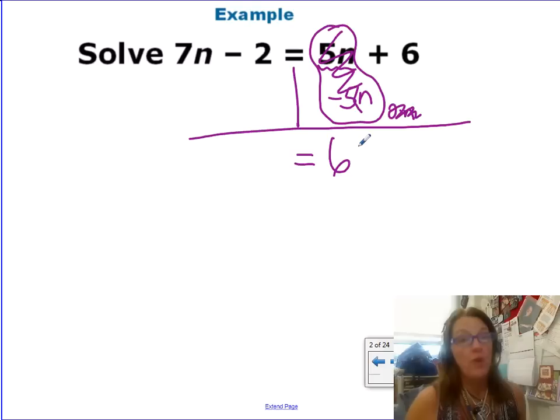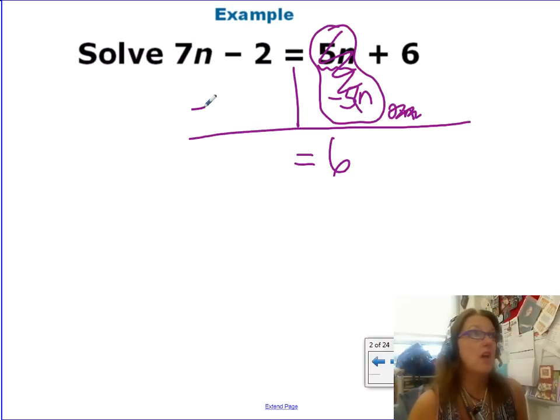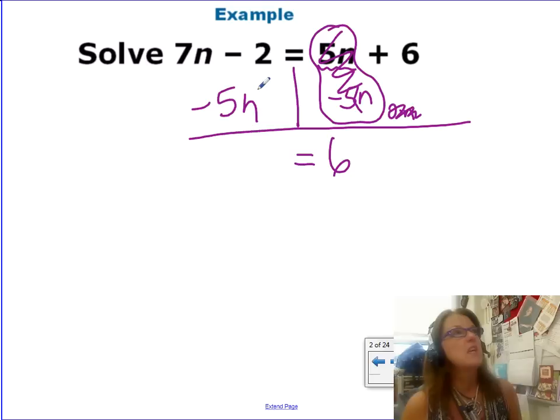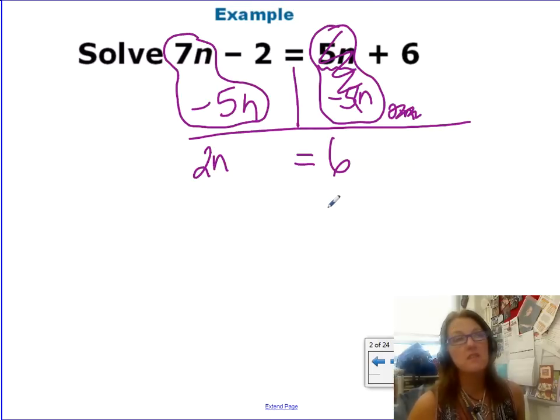However, when you lob things, you have to make sure that you lob it on this side to keep the equation balanced. You have to keep the integrity of the equal sign here. So when I lob my negative 5n on this side, these two guys are like terms, and that gives me 2n.